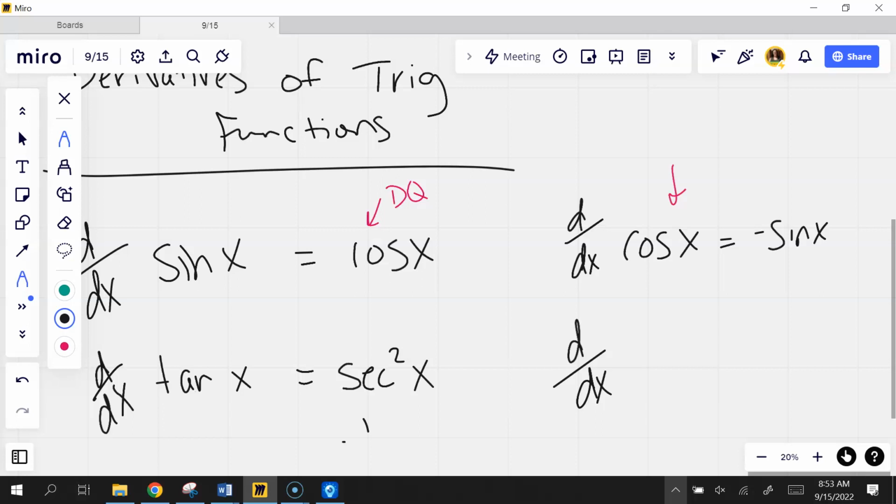It's the same thing as 1 over cosine squared x. The derivative of secant x, this one's an easy one for some reason to remember too. These first 4 are probably the easiest. Past that, you really start getting in there. Yeah. Secant x, tangent x.